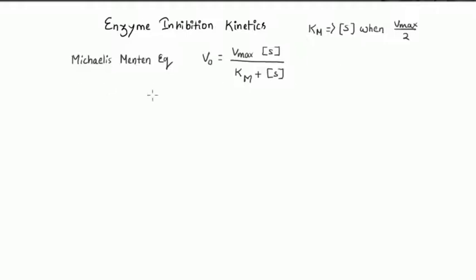Now we can draw this out in a graph where the x-axis would be the substrate concentration and the y-axis would be the velocity of the reaction, and we can plot an enzyme kinetics like this.